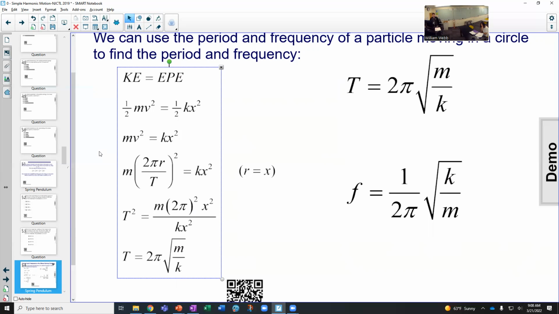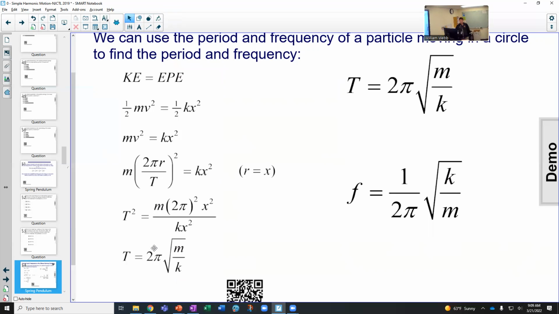Even though it's not technically moving in a circle, it's got that same circular pattern of rhythmic motion. And then the r becomes x, so then we have this solving for T. If we multiply both sides by T squared and then isolate it, we end up coming up with this, just basically kind of messy algebra to isolate the T. But that's where that equation comes from.